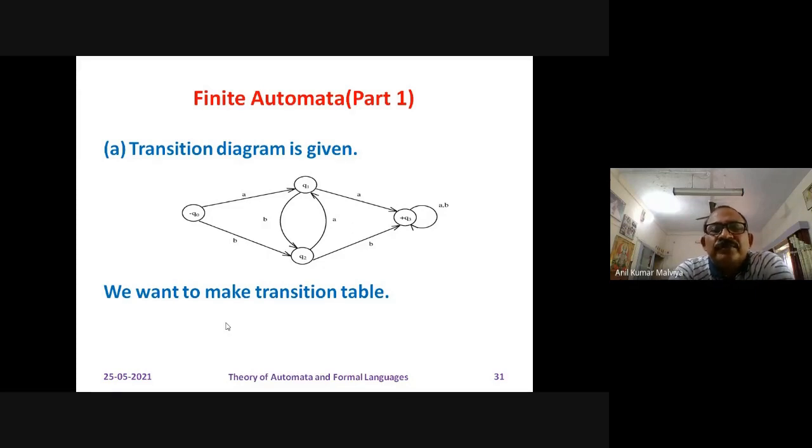And suppose machine in state Q2 and input is A, it goes to Q1. So write Q1 in row Q2 and column A. And repeat this process for each transition. And you will get a transition table.